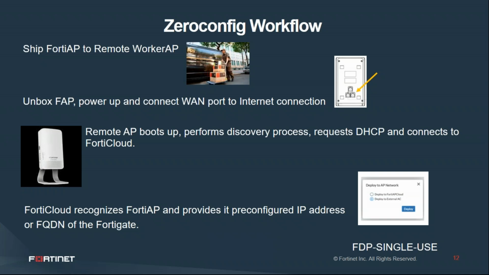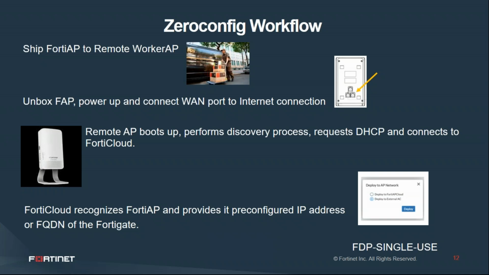And if it receives with its DHCP offer the IP address of a FortiGate, then it will initiate a management connection to that FortiGate. But in this case, that is also not going to happen. So it's going to simply get an IP address, and the next step in its discovery process is it's going to contact FortiCloud. So it's going to contact Fortinet's FortiCloud.